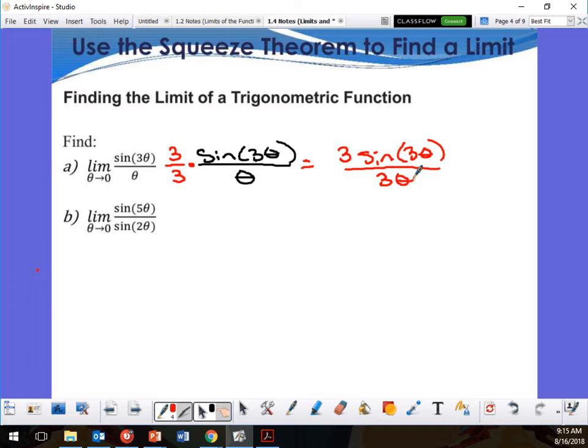Now that these pieces match, that goes with my identity again. So sine 3 theta over 3 theta gives me what? 1. The identity was 1, right? So this is going to be 1 times 3. So my answer is? 3. That's it.